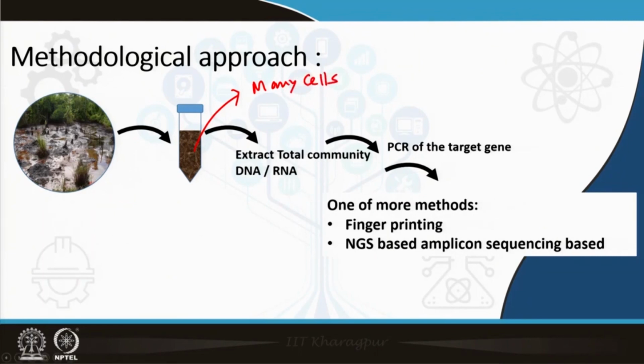So, when we take this sample, let us take an example that we are having the sample in a small tube and here we have the sample. So, we are adding our reagents. What reagent? These reagents are basically for cell lysis and DNA recovery.